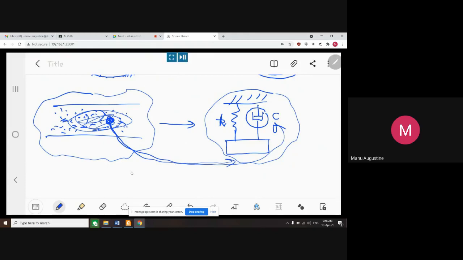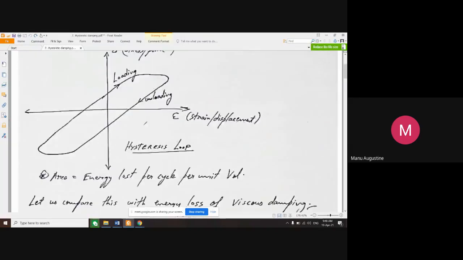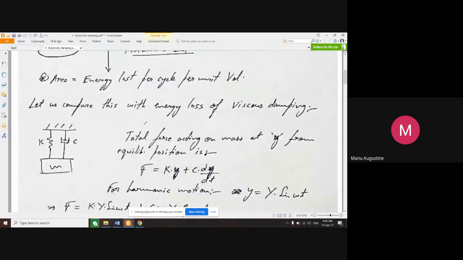So let us see what is this mathematical treatment that we are talking about. First of all, let us compare this with energy loss of viscous damping.